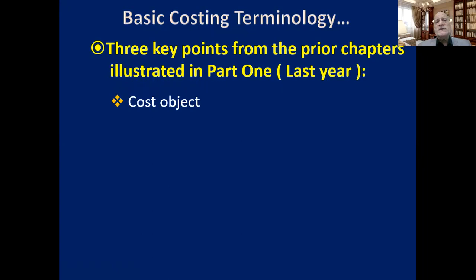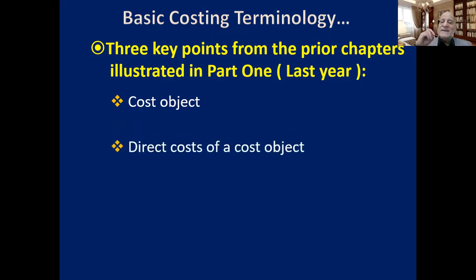The first was cost object. What do we mean by cost object? A cost object is anything for which a measurement of cost is desired. The second concept is direct costs of a cost object.